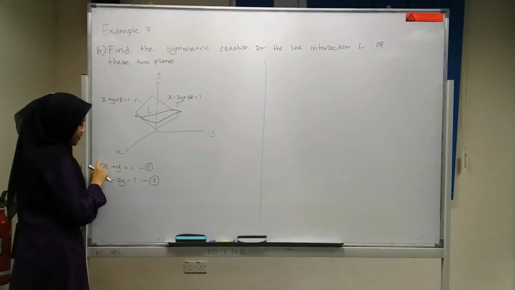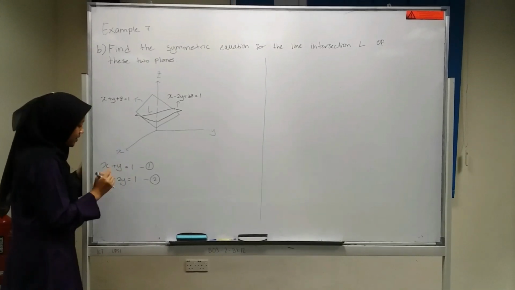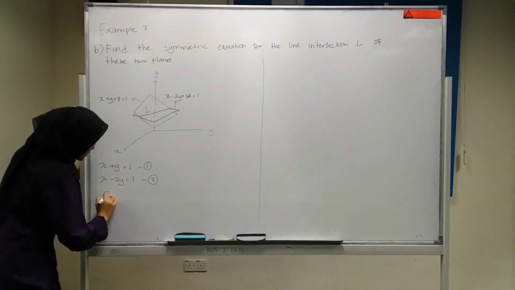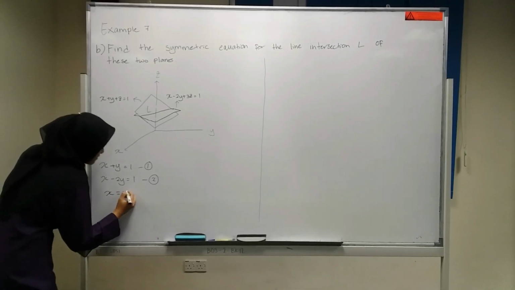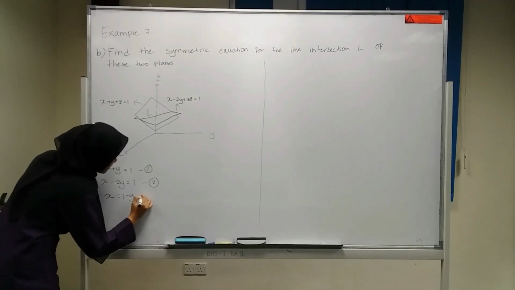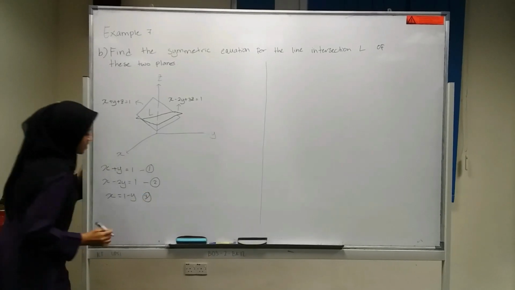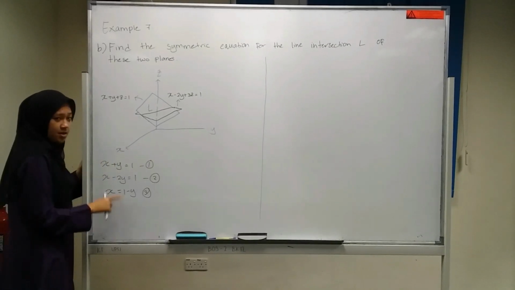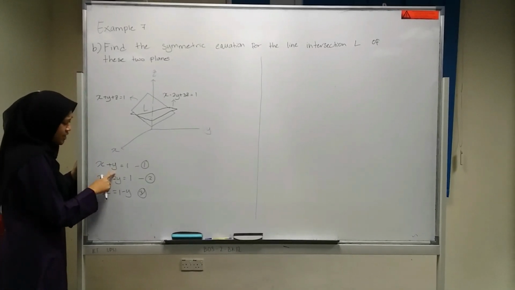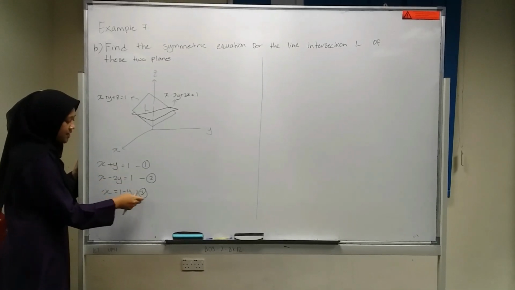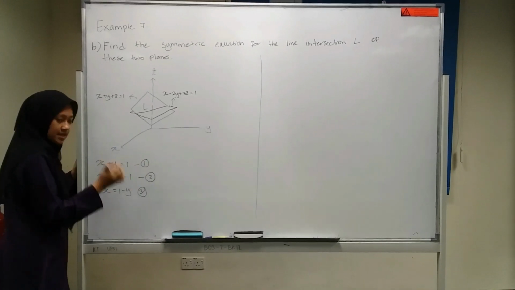From the first equation we get the third equation, x is equal to 1 minus y. From these three equations we can find the value of y by substituting the third into the second equation.